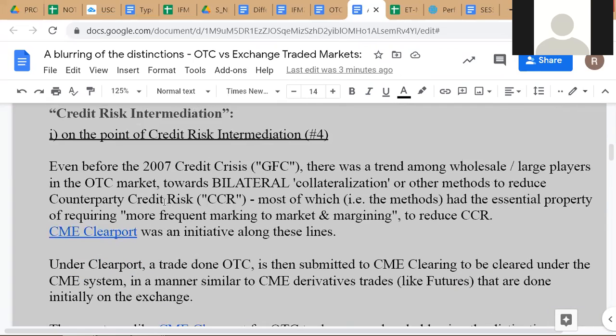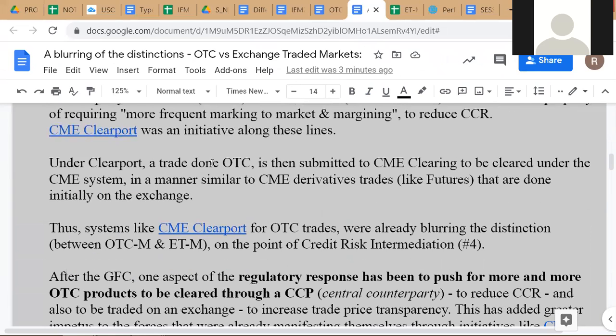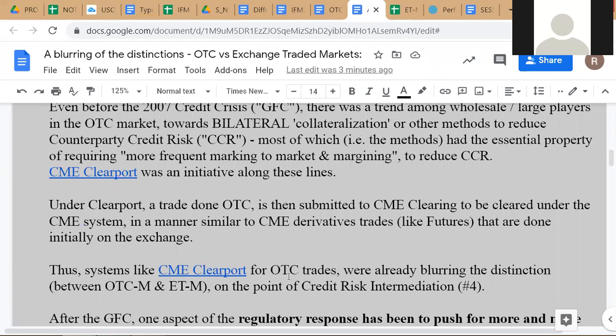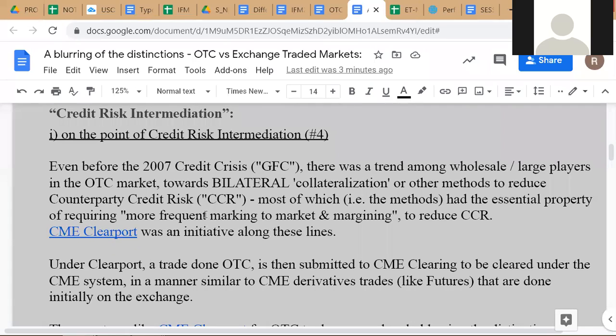One point is credit risk intermediation, which is what has happened here, the regulatory response. But even before this GFC happened, some banks were taking some measures to control their credit risk. So they were engaging in what was called bilateral collateralization.